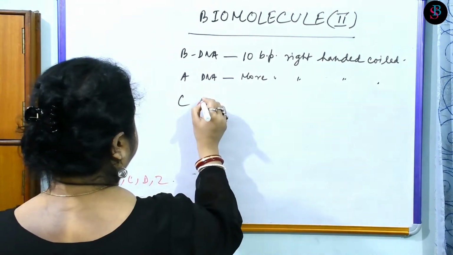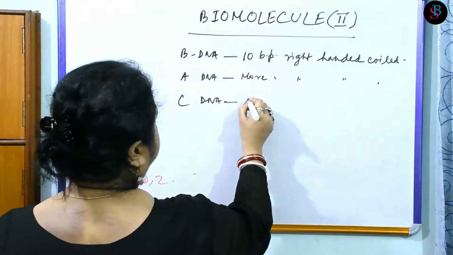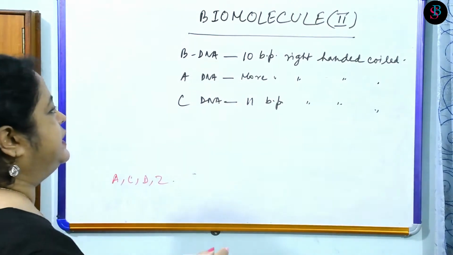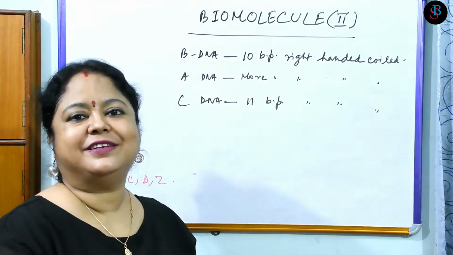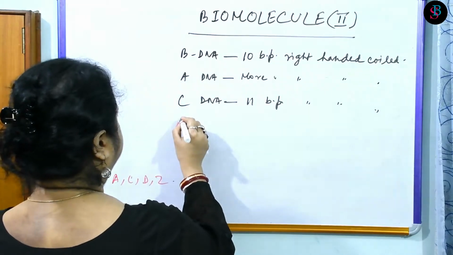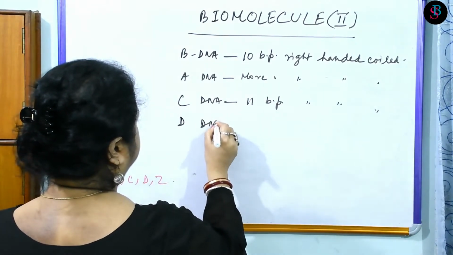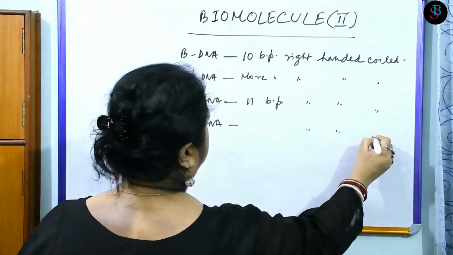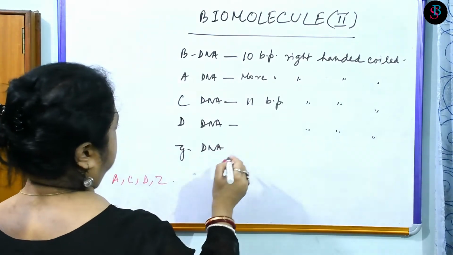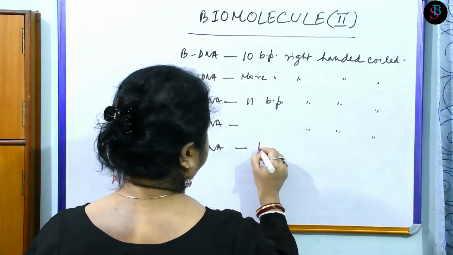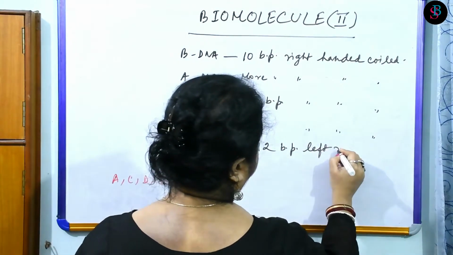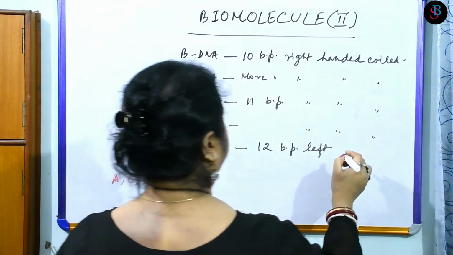And in case of C-DNA, there are 11 base pairs, and they are also right-handed coils. So you are thinking, why am I saying right-handed coil in all cases? No, the exception is coming. D-DNA is also a right-handed coil, but Z-DNA has a different number of base pairs and it is a left-handed coil. Only one DNA is a left-handed coil.